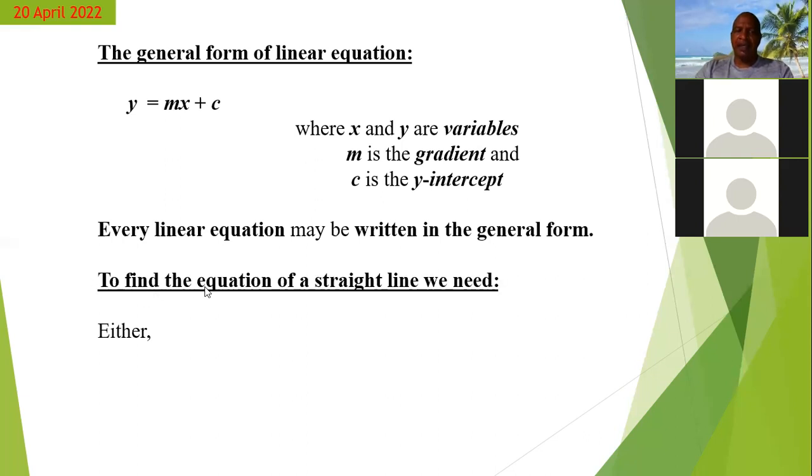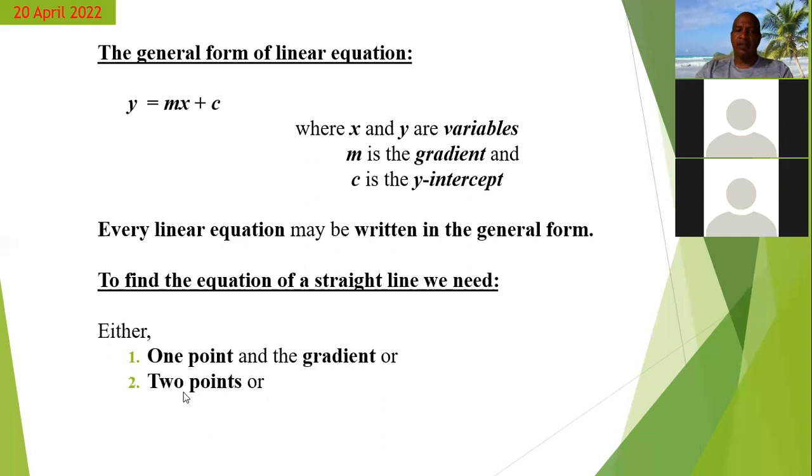Now, to find the equation of a straight line, we need the following. Either we need 1 point and the gradient. So if we know 1 point and we know the gradient, we can calculate the value for C, and then we can plug the value for C and M in the general form to get the equation.